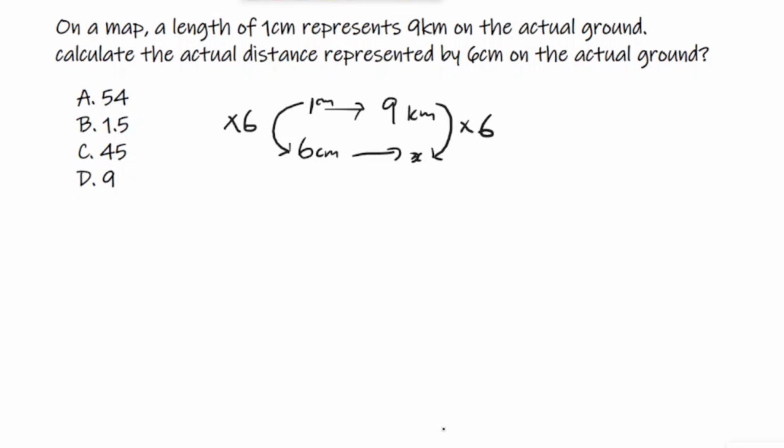So x is equal to 9 kilometers times 6. 9 times 6 is 54, so x equals 54 kilometers. A distance of 6 centimeters on the map represents 54 kilometers on the ground.